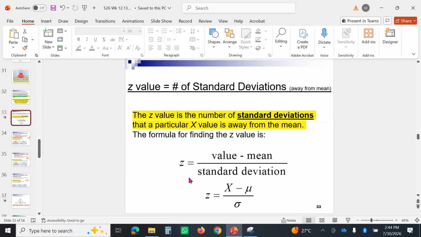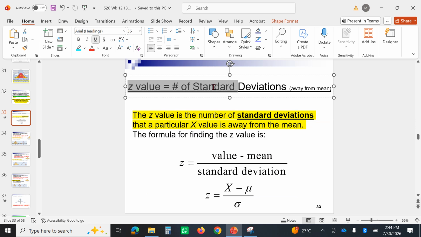Ta-da! So, Z-score is equal to the number of standard deviations. This formula right here: Z-score is equal to the value, a data point, minus the mean, divided by the standard deviation, which corresponds to this formula here.